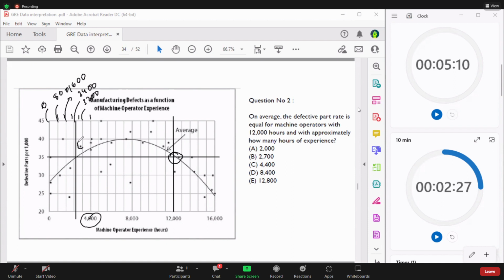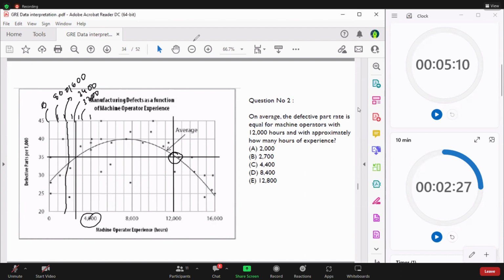This point is the nearest to this line, right? Because the one at 2,000 would be somewhere here, which is not near.